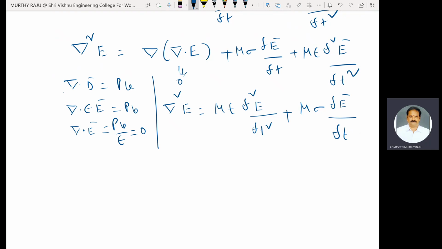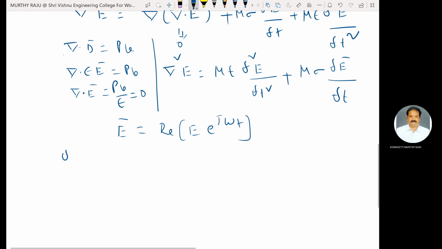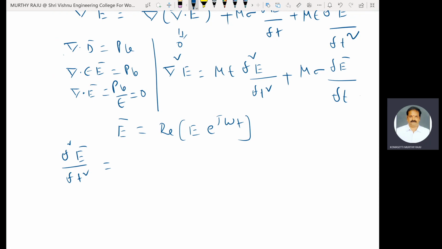Consider the above equation in phasor form. E bar is equal to real of E into e power j omega t. Find dou square E bar by dou t square, that is dou by dou t of dou E bar by dou t.